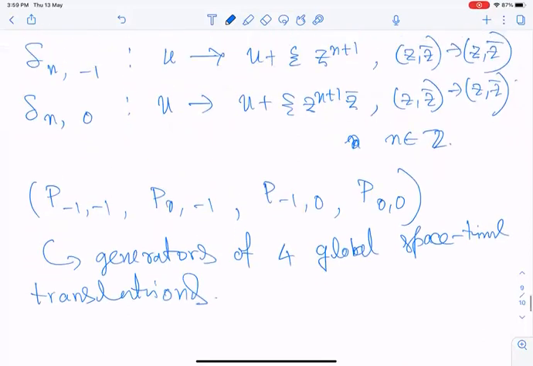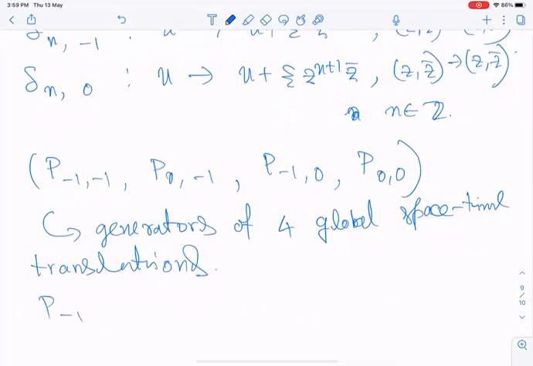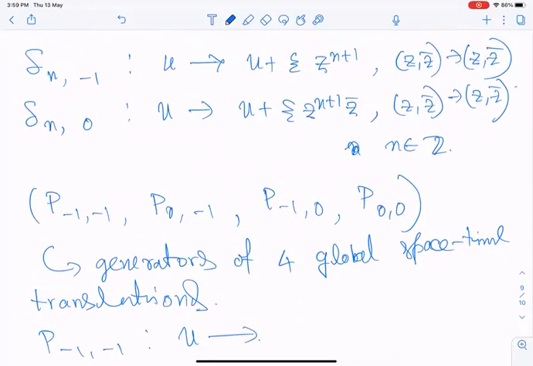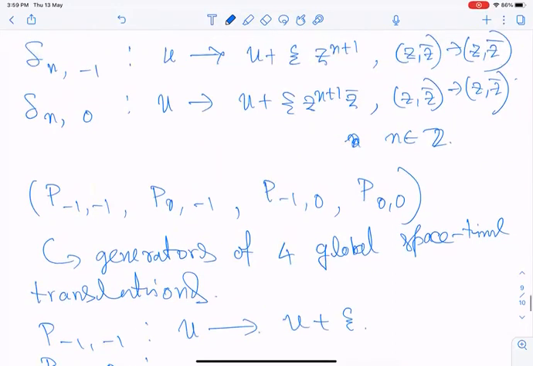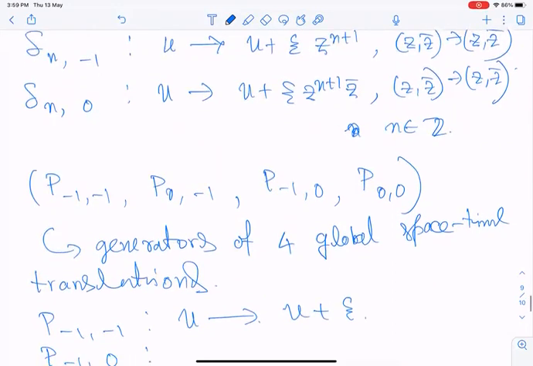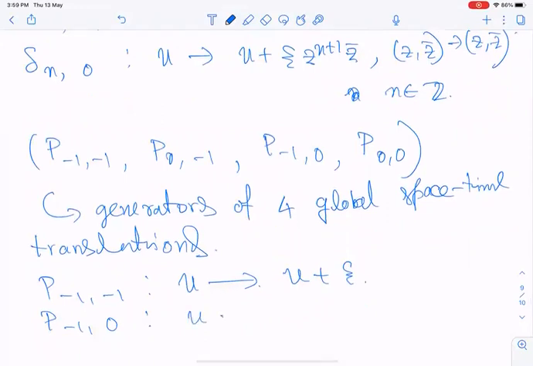That is of course visible from here. P minus 1 minus 1 generates this transformation since it is z to the power n plus 1, so u goes to u plus some constant xi. P minus 1 0 generates the transformation u going to u plus xi times z bar.